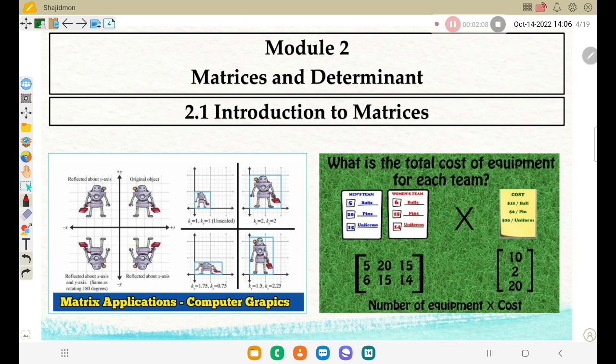And cost equipment analysis, for example, here you can see some of the item names and their costs. So what will be the total cost, number of equipment multiplied by cost. Converting a live example like this to matrices, we calculate whatever is needed for our analysis. That is why we are using matrices.